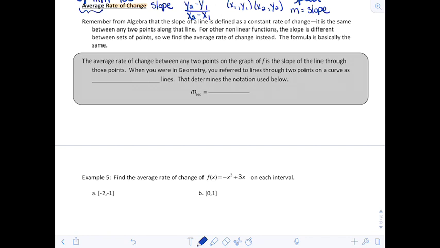Okay, so this next paragraph is kind of what I've already said. Let's just repeat it. Never hurts. Remember from algebra that the slope of a line is defined as the constant rate of change. We know this. It's the same between any 2 points along that line. But for nonlinear functions, the slope is different between sets of points, so we're going to find the average rate of change, and it is basically the same.